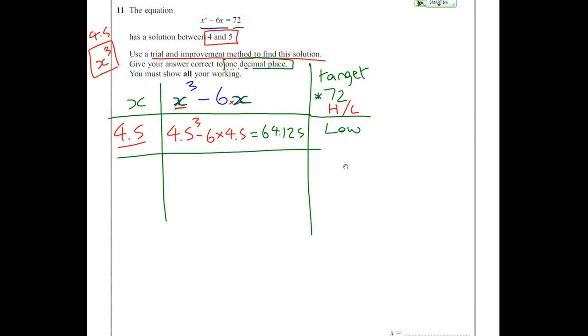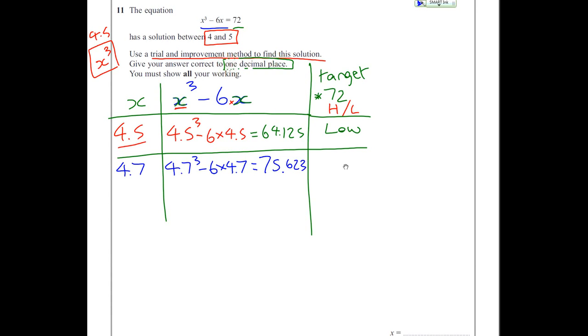So first one done. Because that was too low, we need to go higher. Let's try 4.7. So let's try 4.7 cubed, take away 6 times 4.7, put it in your calculator. If you want to save time, what you can do is go back to your calculation on your calculator and change the 5s to 7s. 75.623.